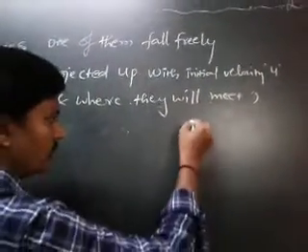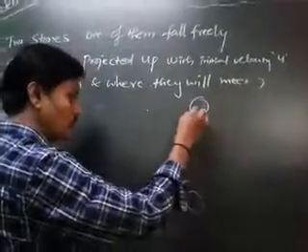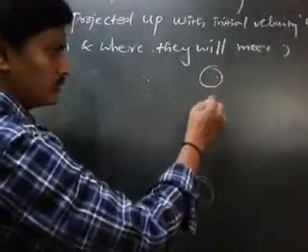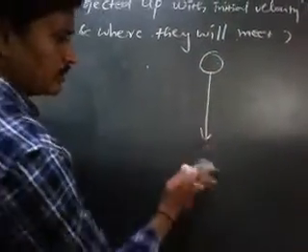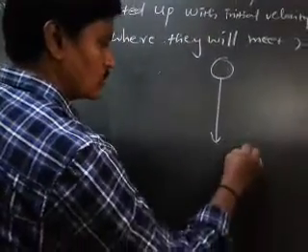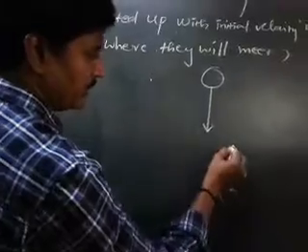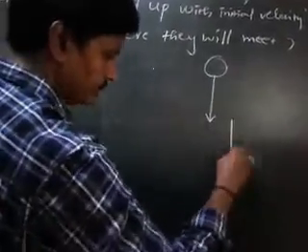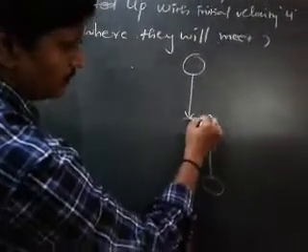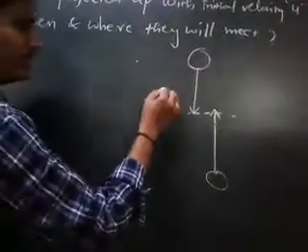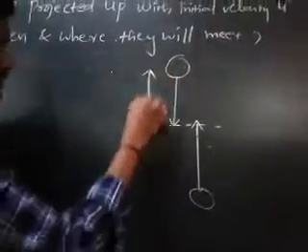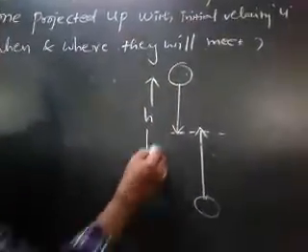This is stone 1, this is stone 2. One is dropping, another one is thrown up, and both meet at this point. Here the total height is h, right?